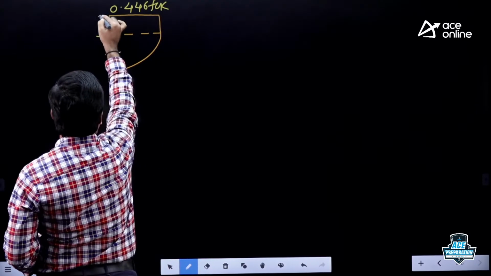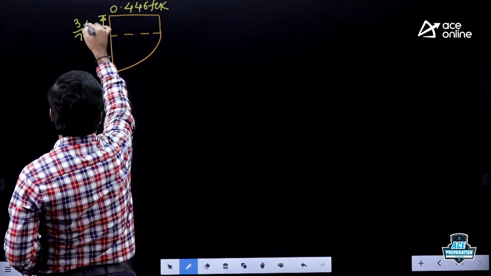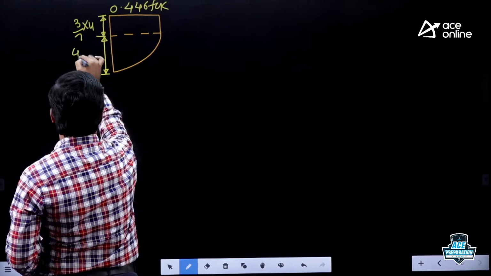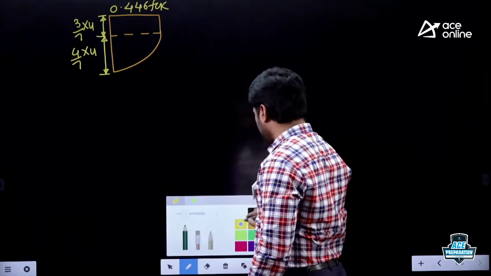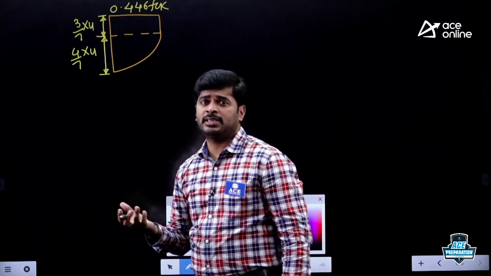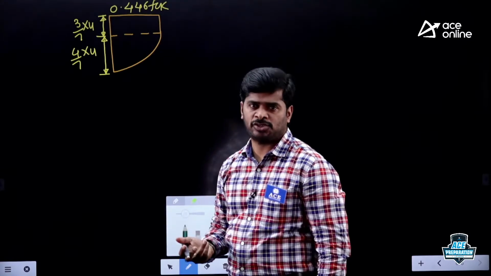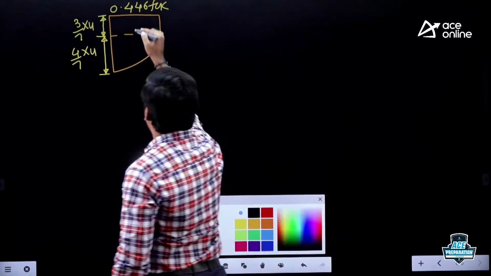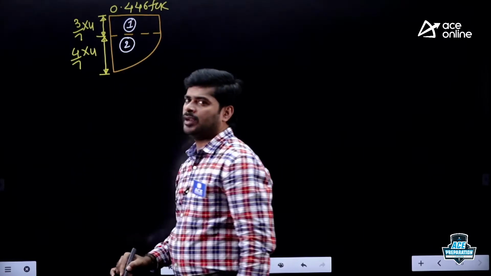You know this height is 3 by 7 XU, and this height is 4 by 7 XU. What is the centroid of the stress block? Suppose if it is a complete rectangle, we can say half of the depth. If it is a complete parabola, then also we can say 3 by 8 times h. But it is not completely rectangle, not completely parabola. Then how do we get the centroid of the stress block?